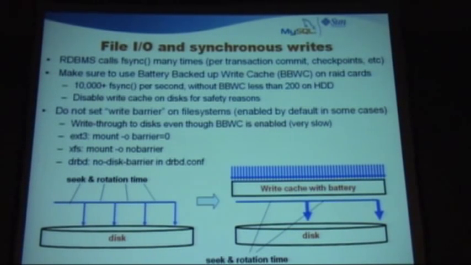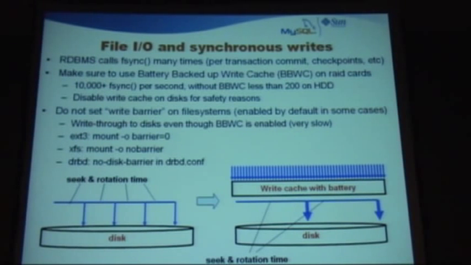But when you have a write cache with battery, transaction commit finishes by writing to cache. So you can get more than 10,000 fsyncs per second. Then the hardware RAID controller can write all of the cache information to disks at one time. So this is very efficient.